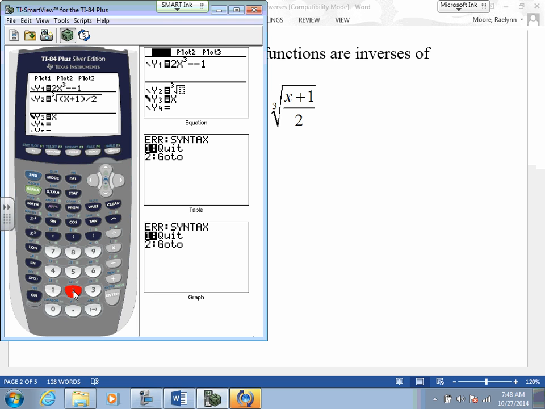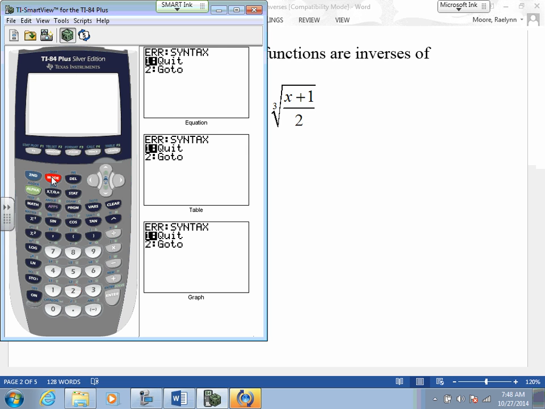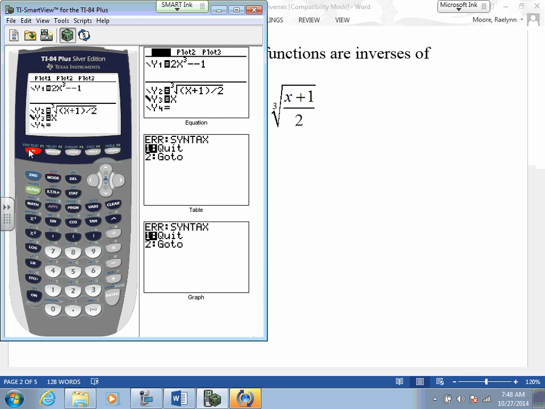Okay, so let's see in fact if they're inverses of each other. Here's the first cubing function, and here's the cube root function.